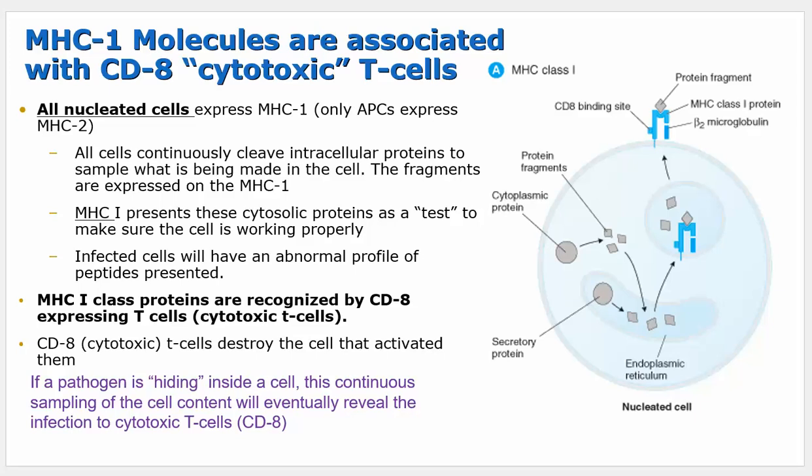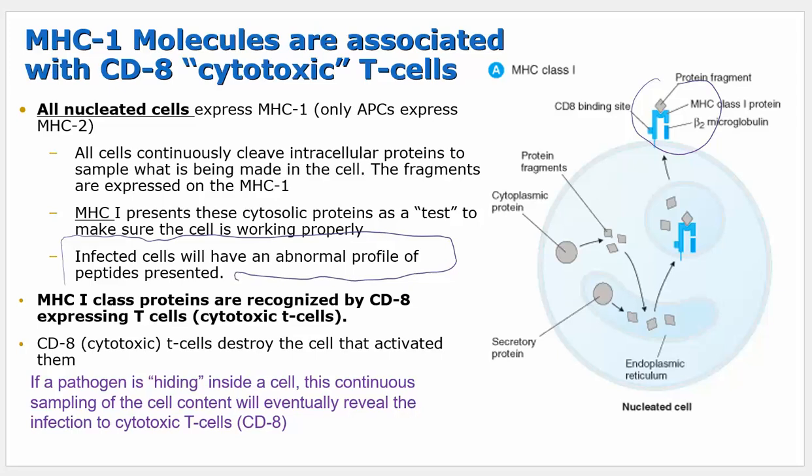So all nucleated cells express that MHC1. They're constantly cleaving those intracellular proteins to sample what's being made in the cells. Those fragments are then expressed on the MHC class 1 up here. And it presents these cytosolic proteins as a test to make sure the cell is working properly. Okay? Infected cells, so this is where things get different.